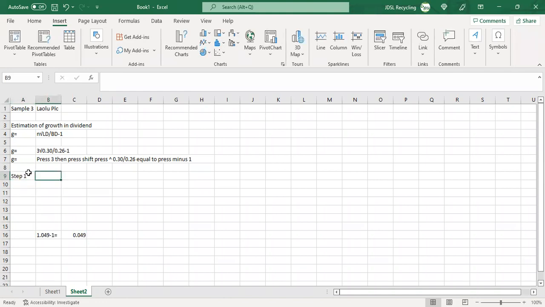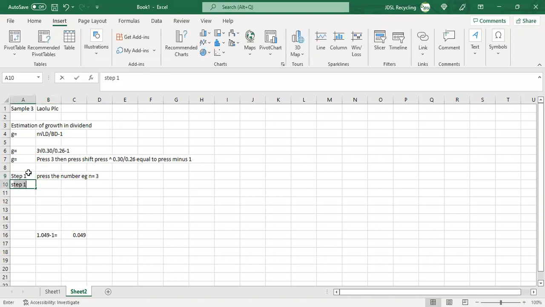Step 1, press the number. In this case, our n is 3. So here we are pressing 3.